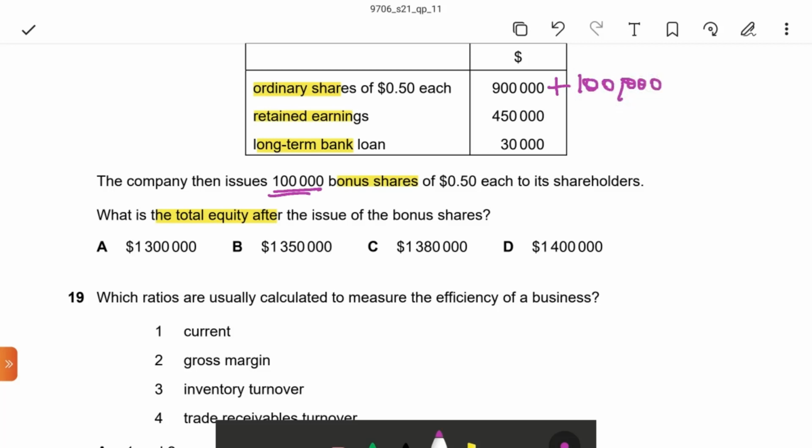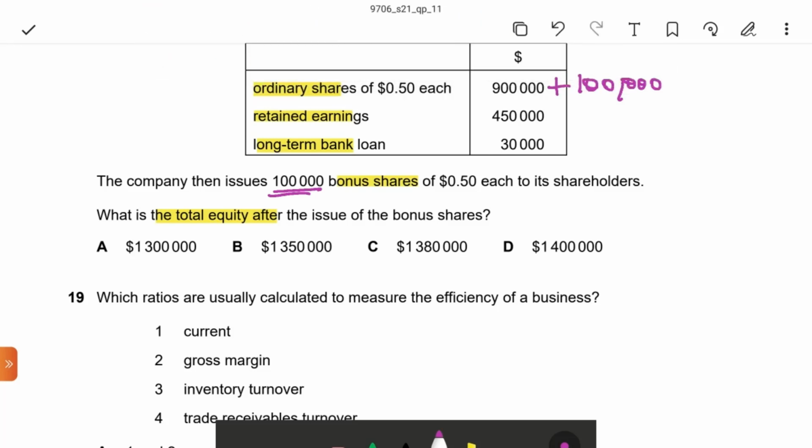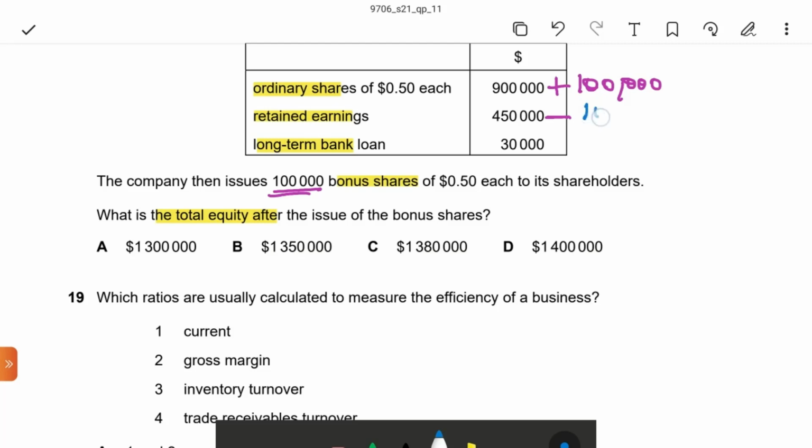But does the company get any cash? No, they are not getting any cash. So how will they adjust this amount? They will take this amount from retained earnings, 450,000. They take 1 lakh, 100,000, from retained earnings and add it to ordinary shares.